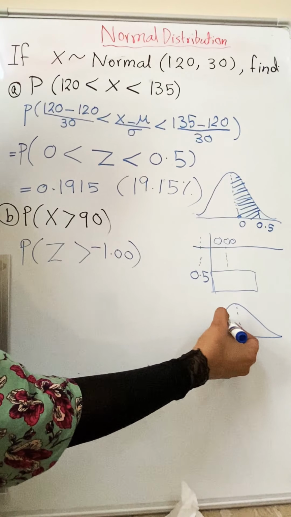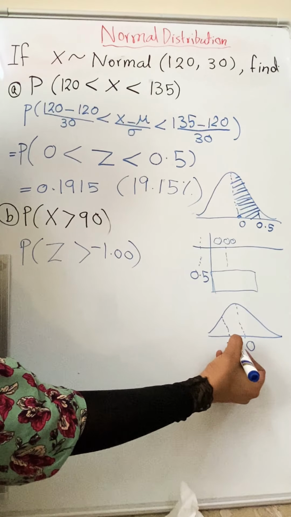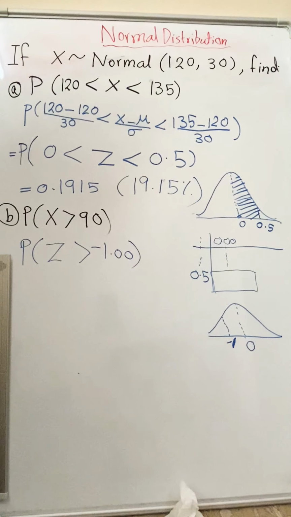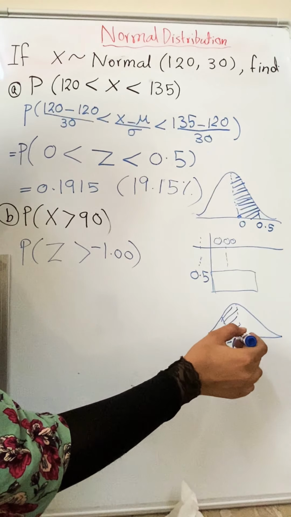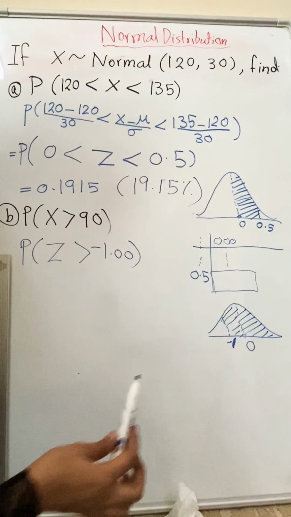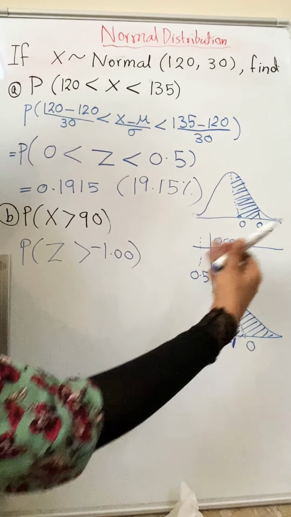It means the value of z is on the left side of 0, somewhere here, -1. Now when we say find the probability that z is greater than this number, it means we want the right side area of z. Right side means the right side from -1 to 0 and the right side of 0.